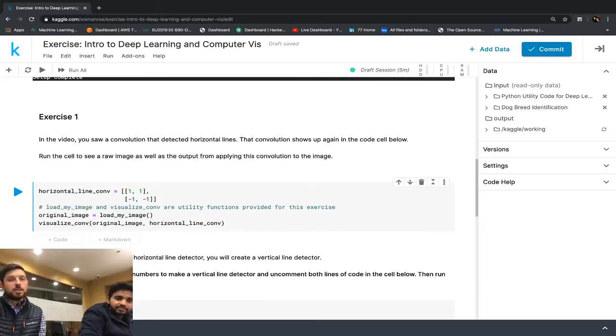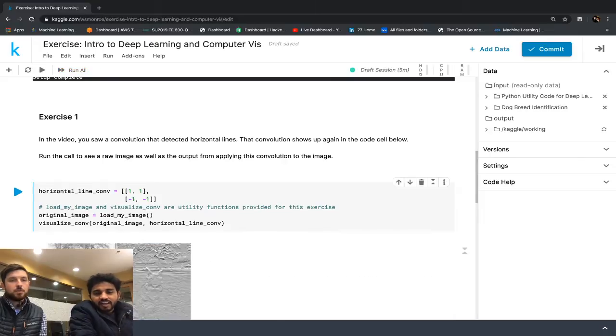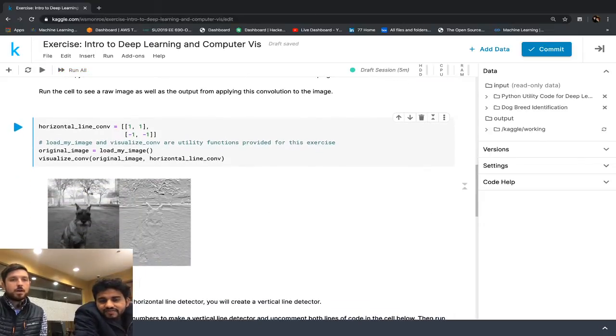Yeah. If we run this, we can see that on the left side of the dog and on the right side, there are vertical lines there, but I'm not seeing them in my output over here. It's almost like they've disappeared. Whereas right on top of his head, you see a really strong response.